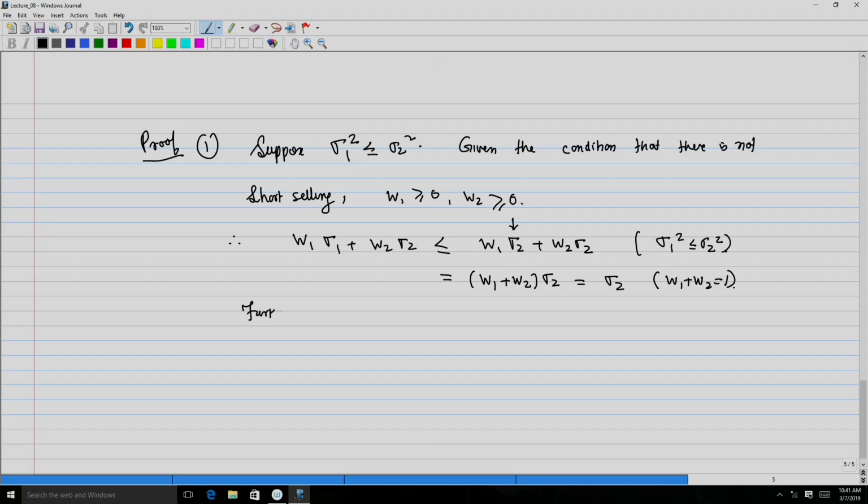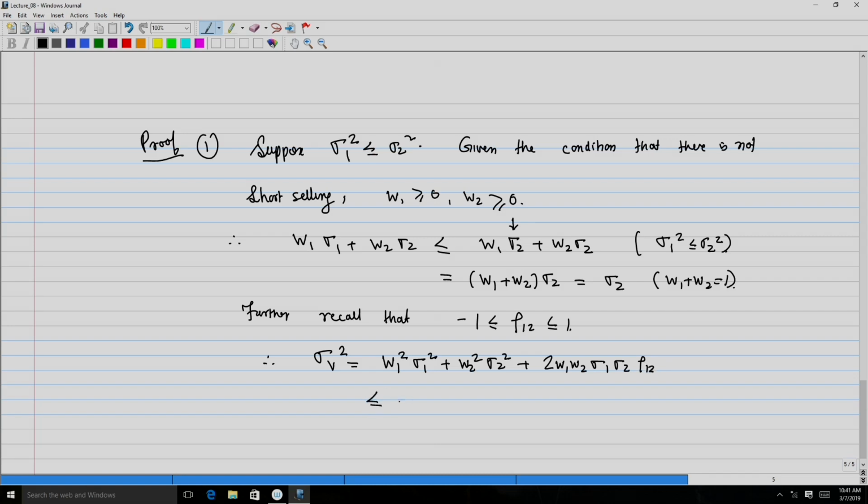Further, we recall from basic probability that the correlation coefficient lies between 1 and minus 1. So, therefore, sigma v square is equal to W 1 square sigma 1 square plus W 2 square sigma 2 square plus twice W 1 W 2 sigma 1 sigma 2 rho 1 2.